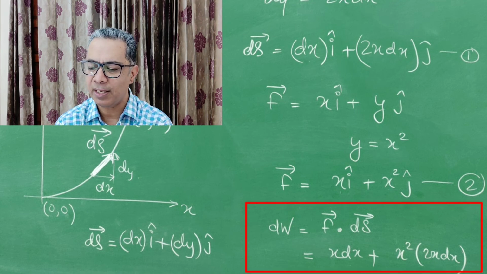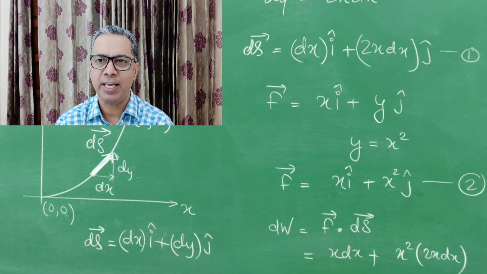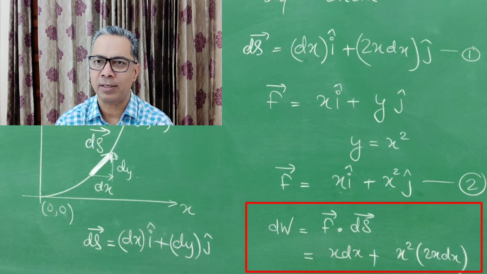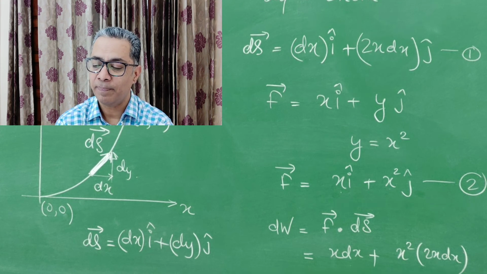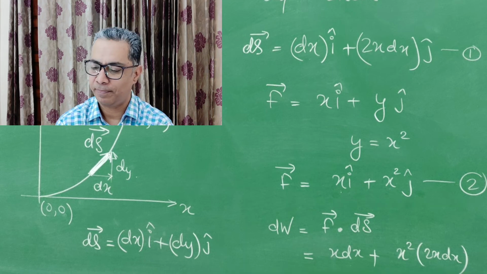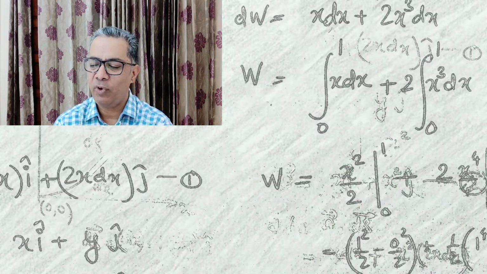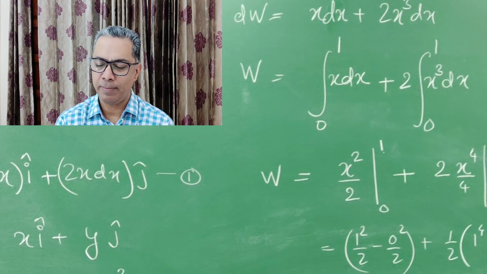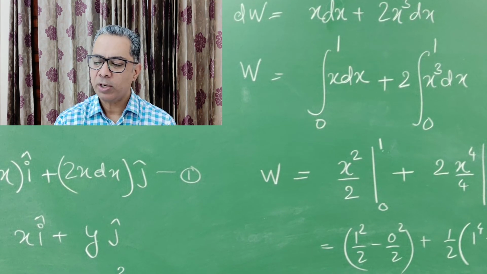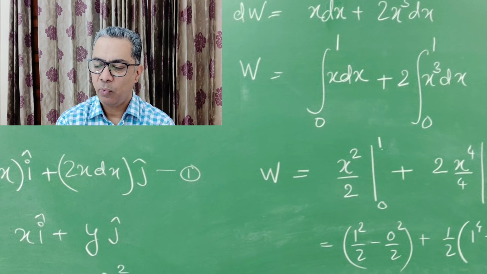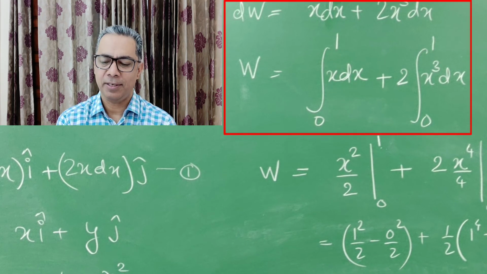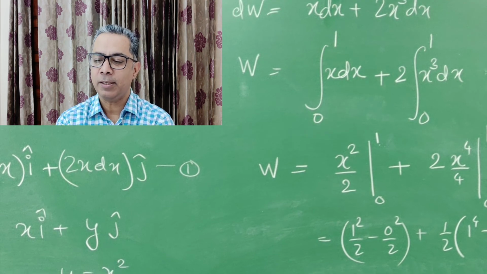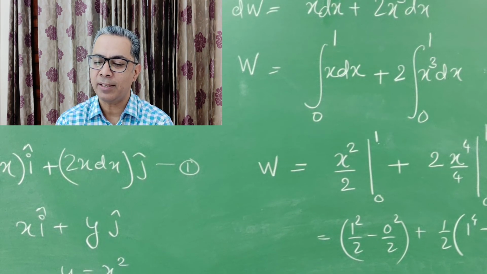So we take that dot product of F with ds, and we get x dx plus x squared into 2x dx. So we've got dW here, and once we have dW, what's next is we need to calculate the integral of this quantity, x dx plus 2x cubed dx.